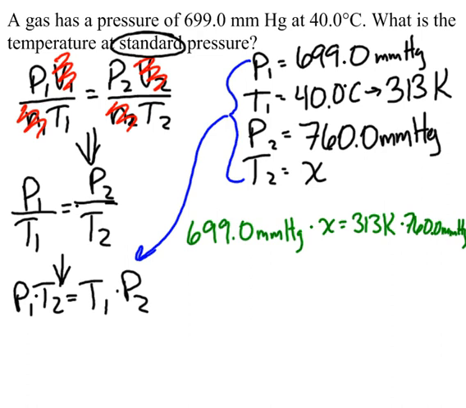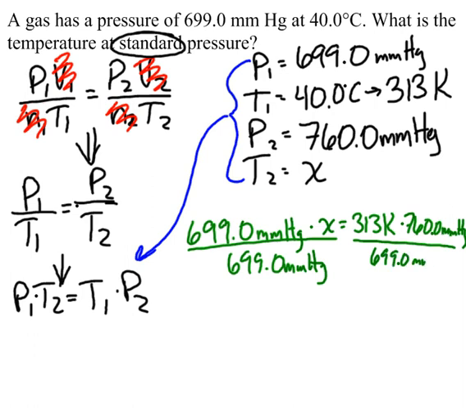Now I'm going to divide both sides by 699.0 millimeters of mercury because I want to get X by itself. That causes this whole thing to cancel out, and it also cancels the millimeters of mercury unit.